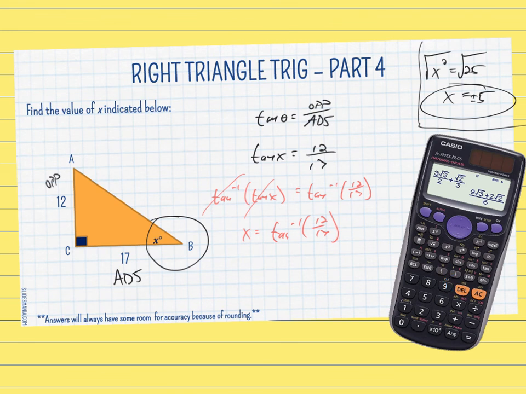Close your parenthesis, hit equals, and you'll get an answer of, if I round it off, 35.22 degrees. So what does that mean? It means that this angle here, x, is 35.22 degrees. Does it appear like this angle x is 35.22 degrees? I'd say so.